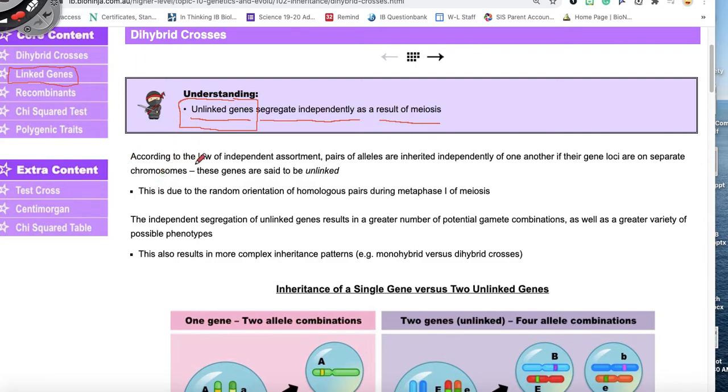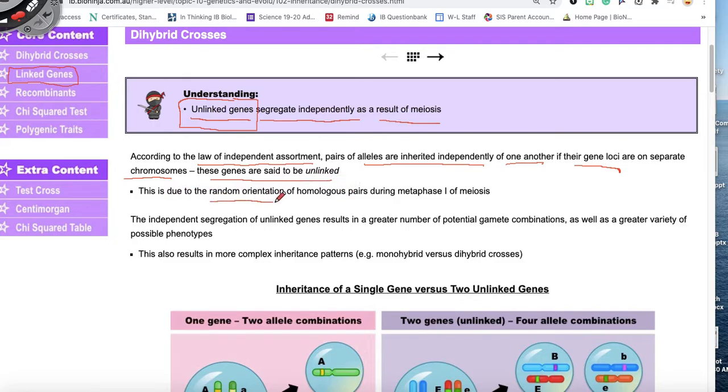All right, so according to the law of independent assortment, remember that Mendel formulated different laws, the law of segregation and the law of independent assortment. He said that pairs of alleles are inherited independently of one another if their gene loci are on separate chromosomes. So if the gene loci of those alleles are on different chromosomes, then these genes are said to be unlinked.